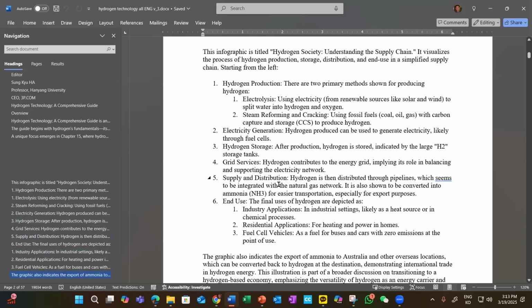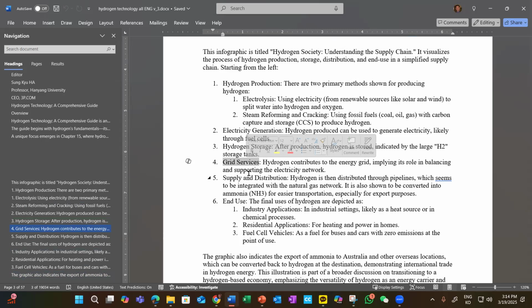And we will emphasize from time to time the concept of a grid. Grid is a very important concept, especially these days: how to effectively distribute power or energy through power lines.